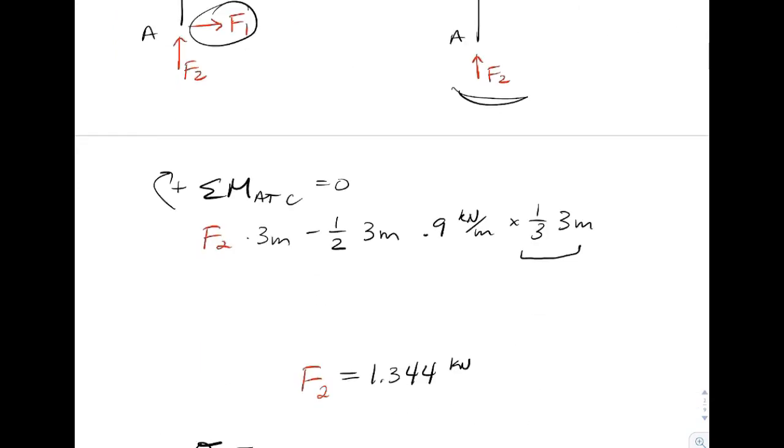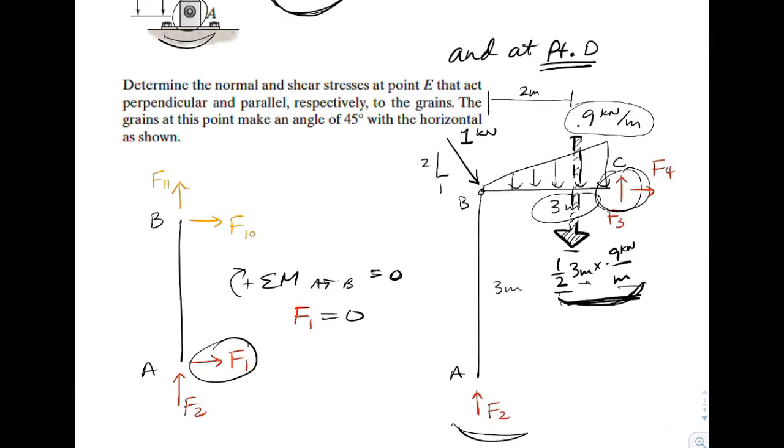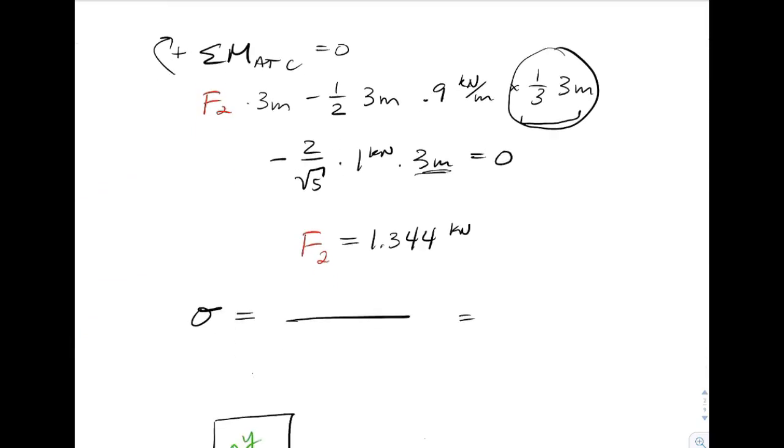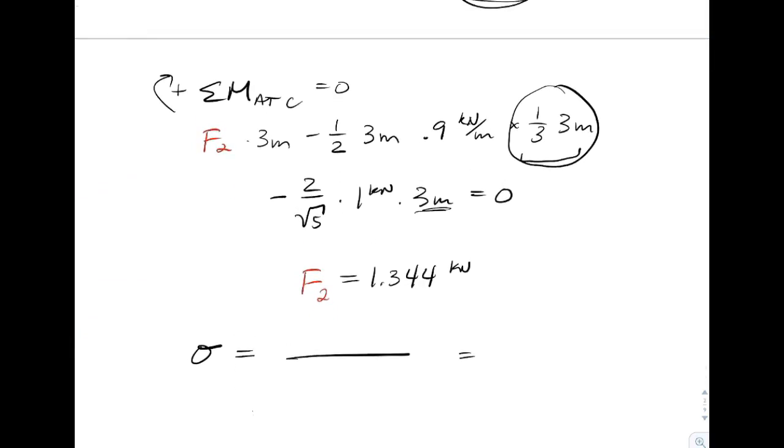Its distance is going to be 1 meter. There's its lever arm. And we also have the point load that's going to have a component with a 3 meter distance. So you can think of breaking this up into 2 components. It's the vertical component that would obviously have a contribution. So there's our one equation, one unknown. There's our answer for F2.